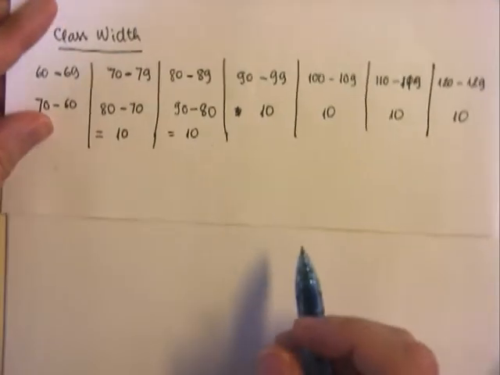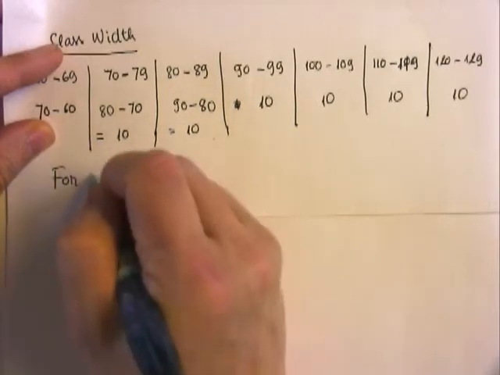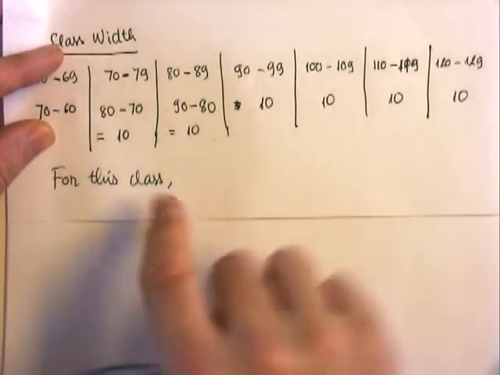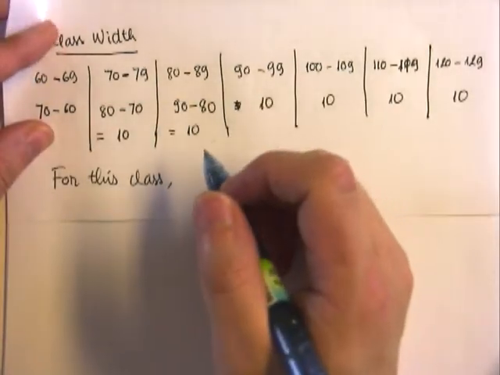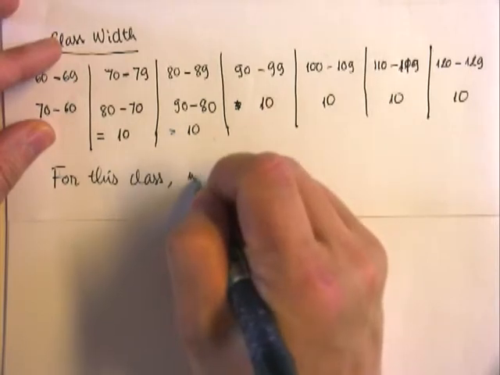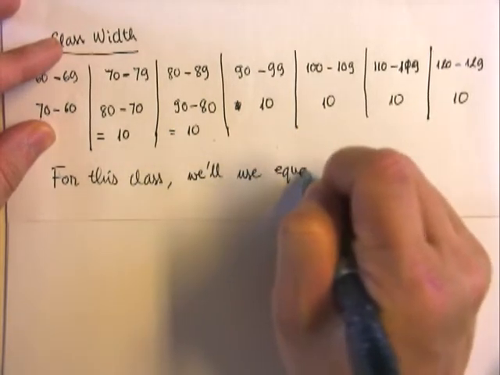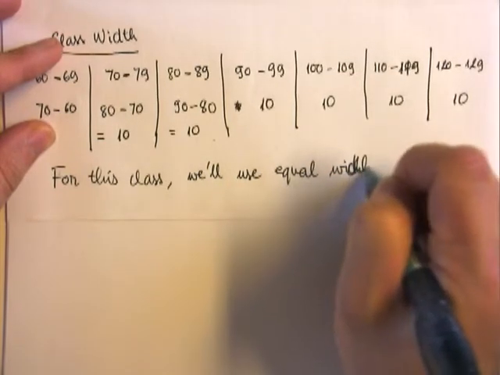Now, we want to add a little remark here: for this class that we're learning, I'm not talking about each of these, I'm talking about our statistics class here, we will use equal class width.